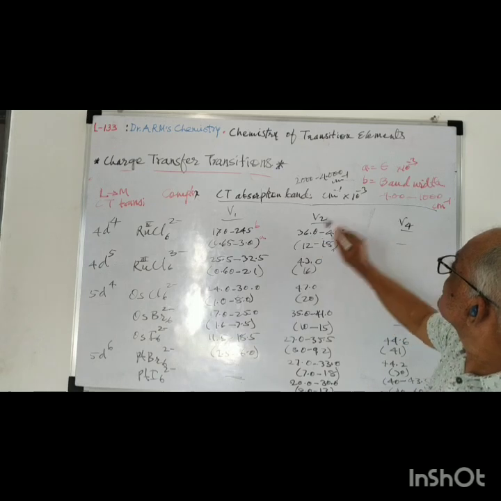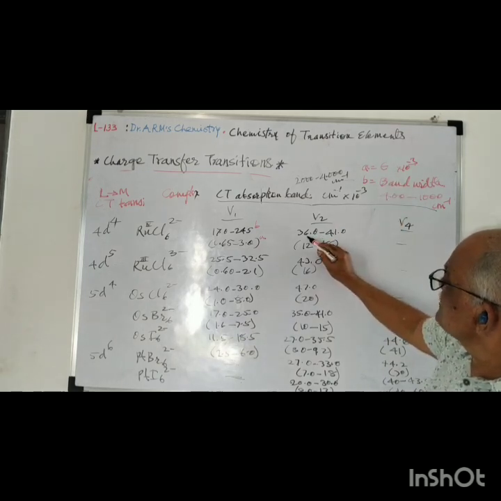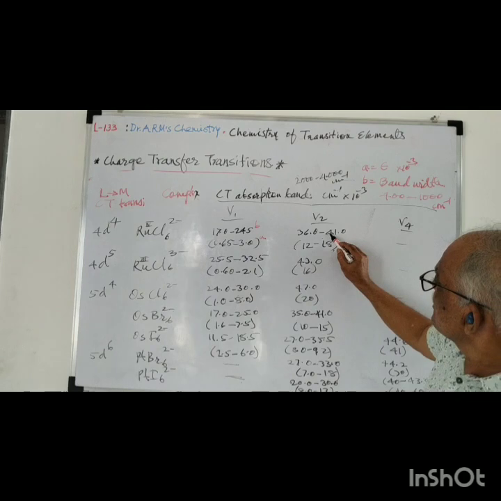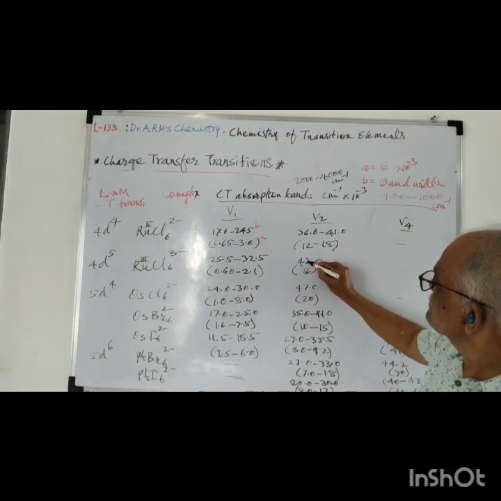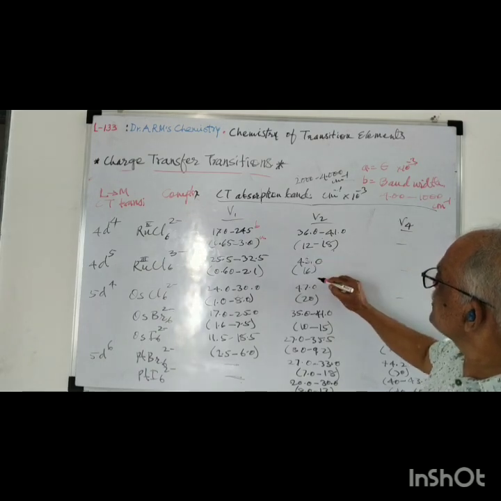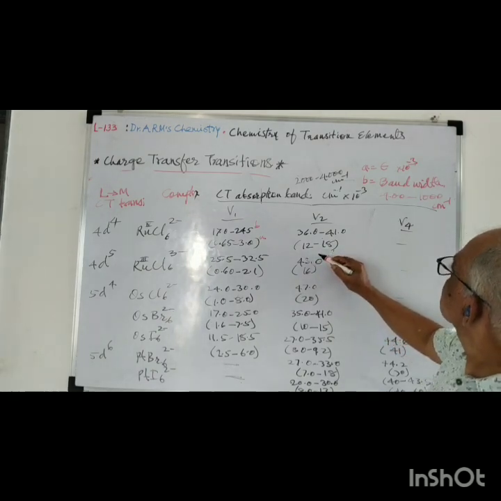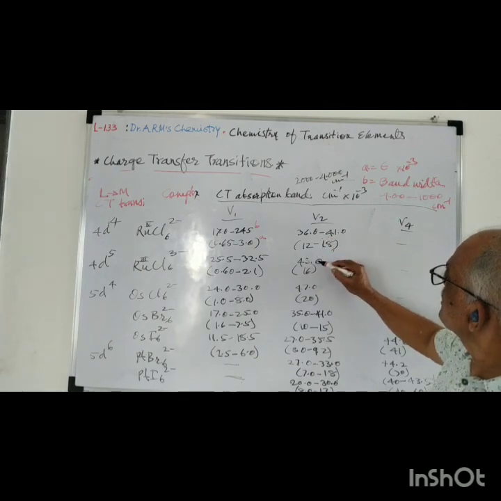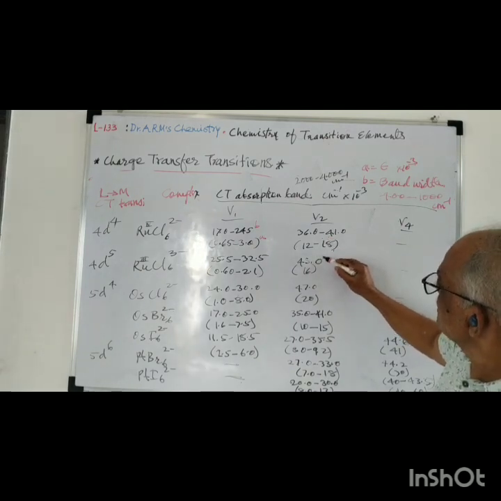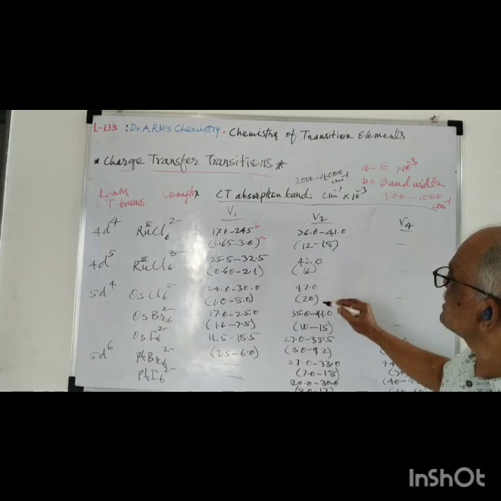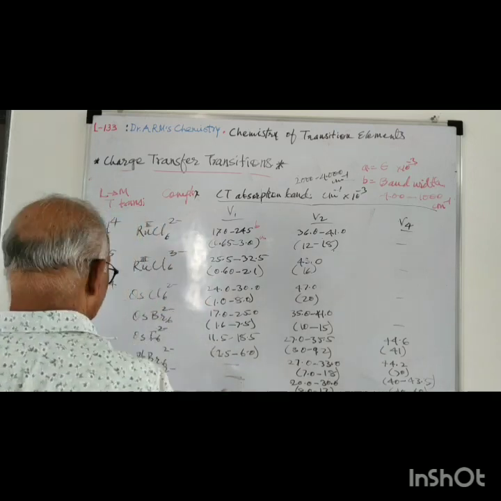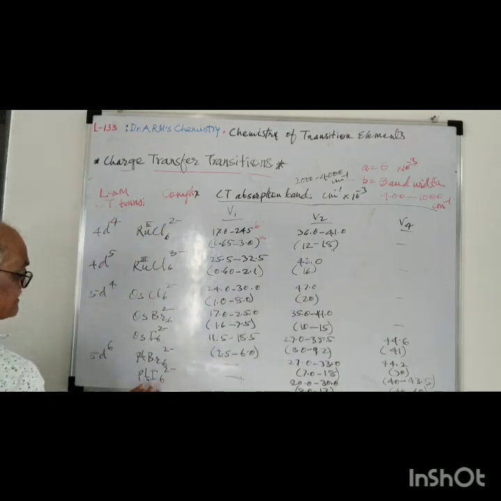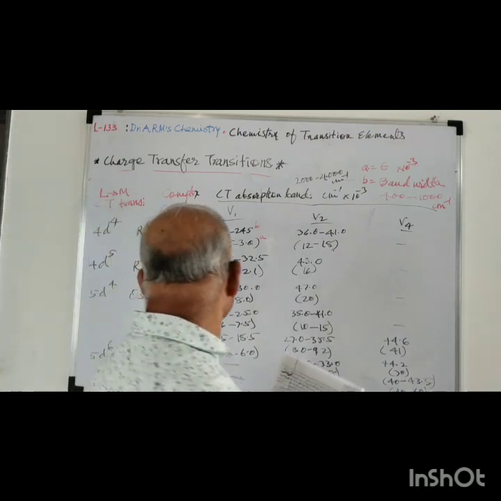The molar extinction coefficients are 36 to 41, but here it is increased to 43. The bandwidths are shown here, and these values also differ, but the absorption bands show change. Similarly here, platinum is in the same oxidation state.